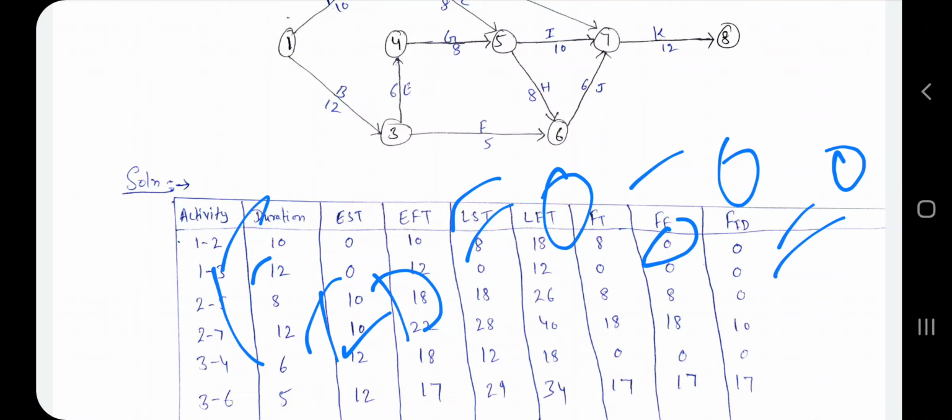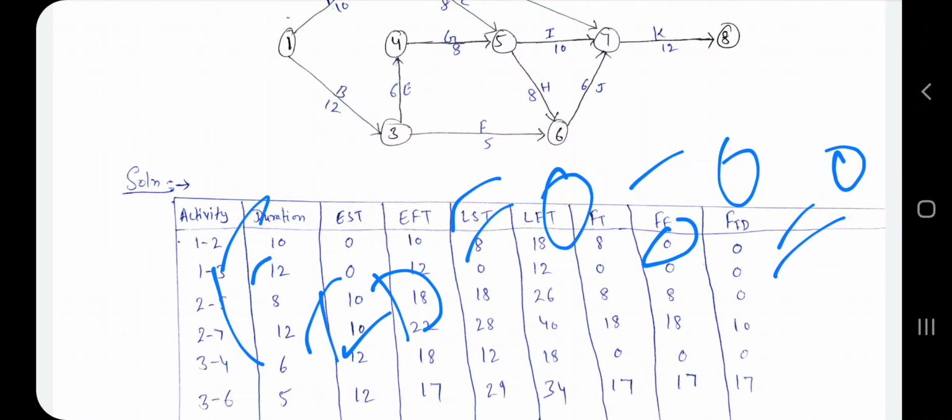In this way we have to find the EST, LFT, LST, EFT, FT, FF and FID. For that you require TE and TL, that means earliest occurrence time and latest allowable time. In the question you are given only this network, which means you have to find TE and TL.